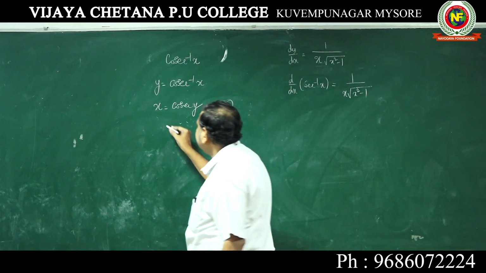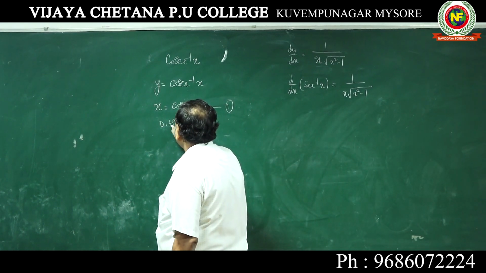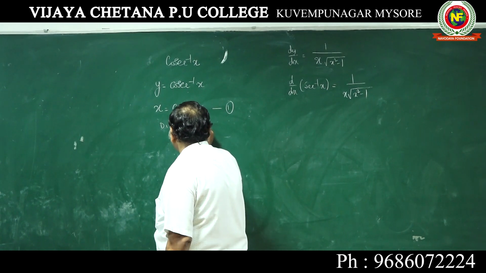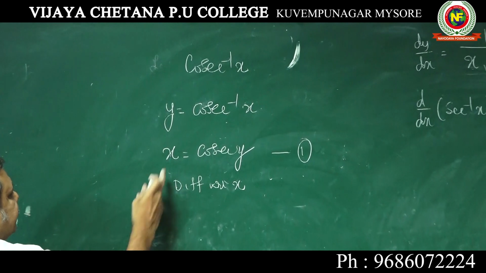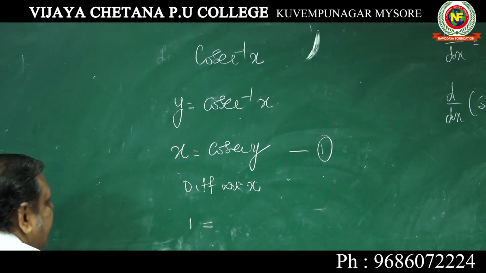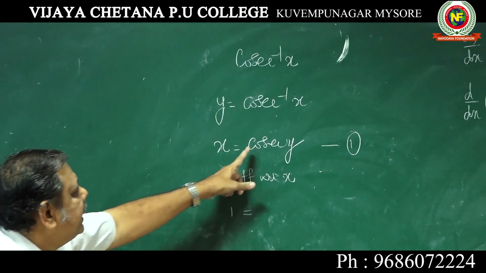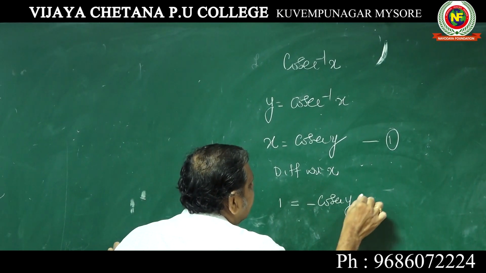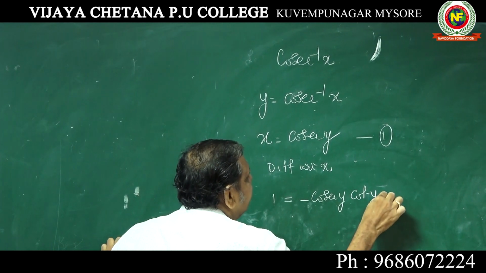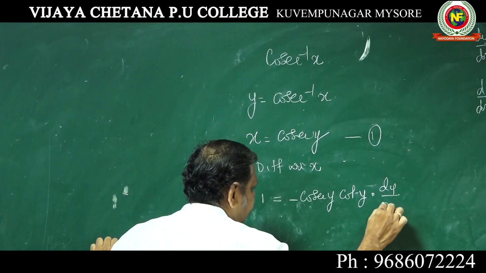Now differentiate with respect to x. When you differentiate with respect to x, the left side is 1, d by dx of x is 1, and for cosecant y, whenever it starts with c, it is minus cosecant y cot y into dy by dx.